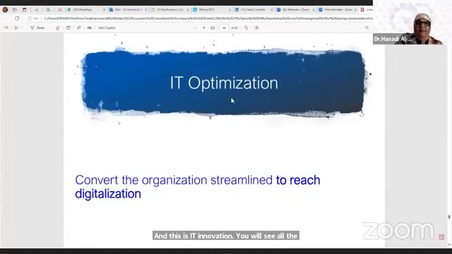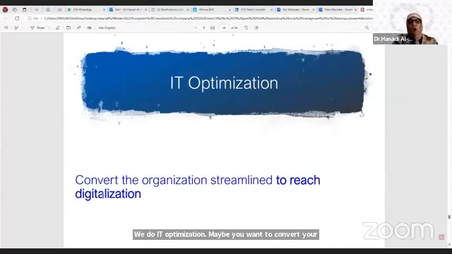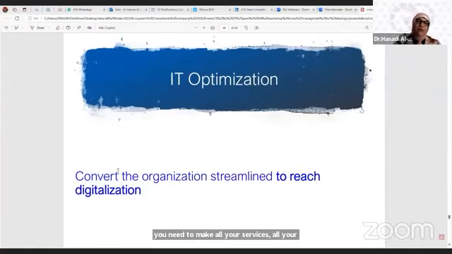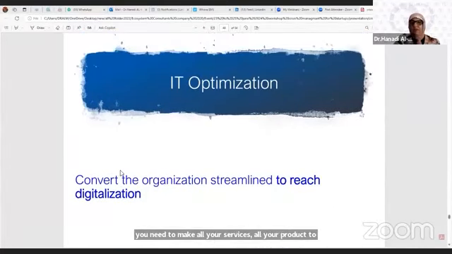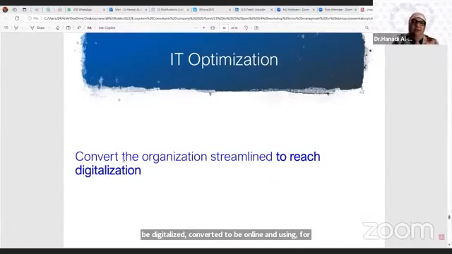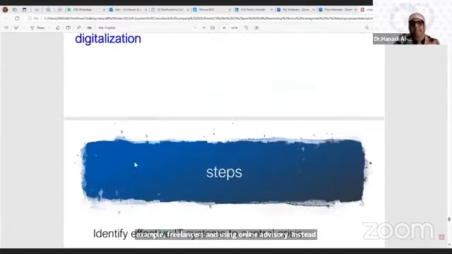We do IT optimization. Maybe you want to convert your organization to streamline and reach digitalization. Then you need to make all your services, all your products digitalized, converted to be online. And using, for example, freelancers and using online advisory instead of in-person.